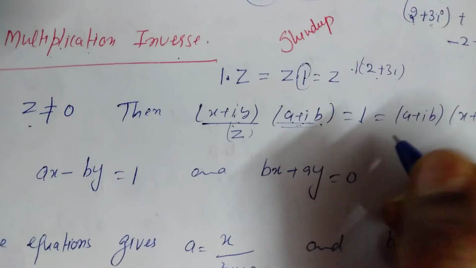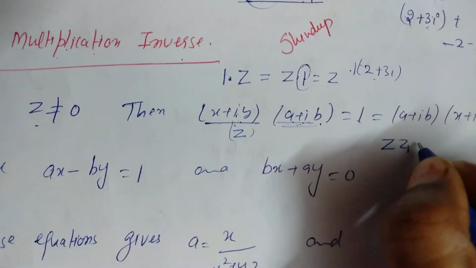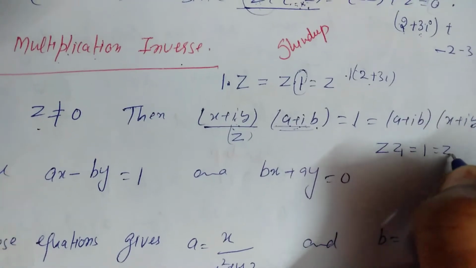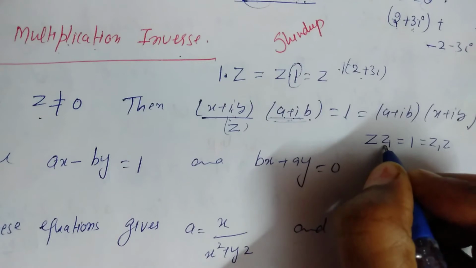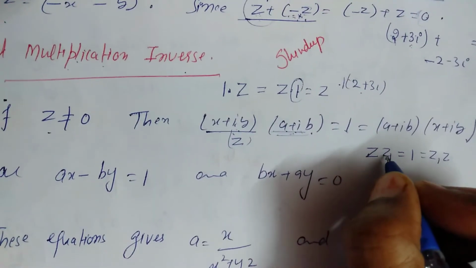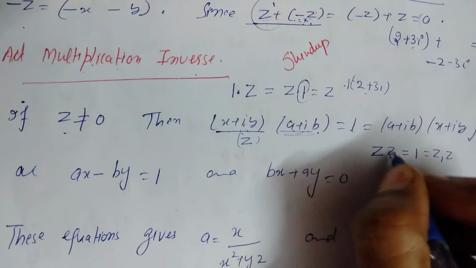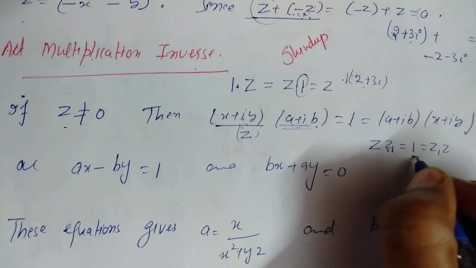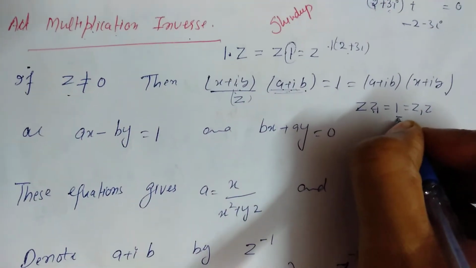I will reiterate that if z into some other number z1 is equal to 1 and z1 into z is again equal to 1, this means that z1 is an inverse of z and z is an inverse of z1. z1 is a multiplicative inverse because we are multiplying these and getting the identity of multiplication.